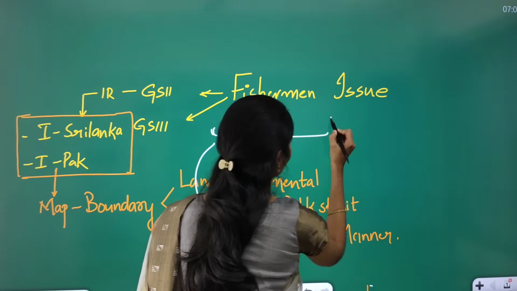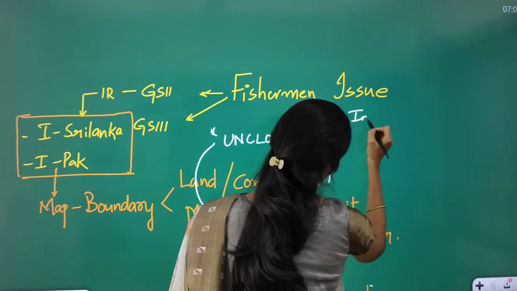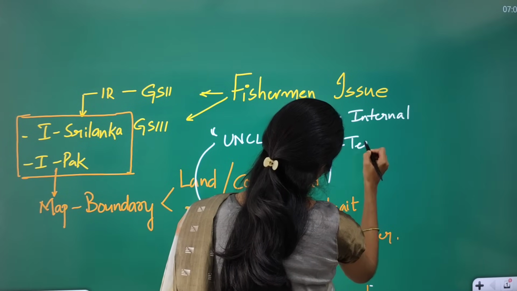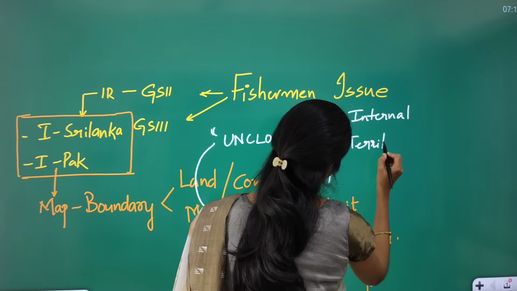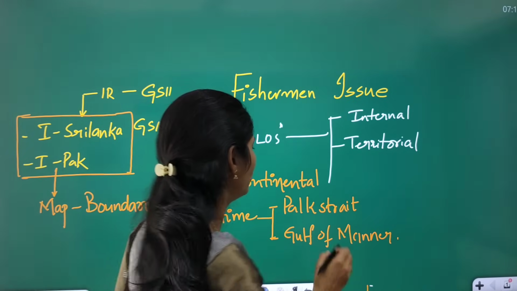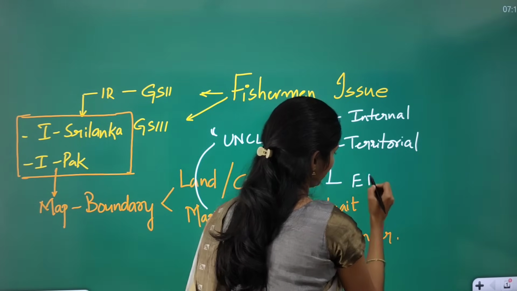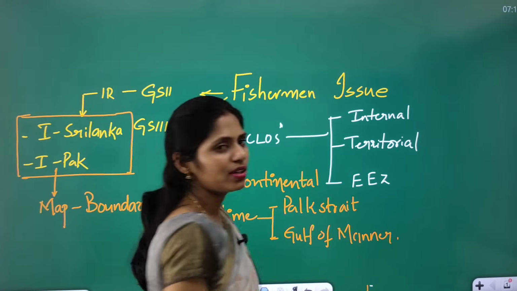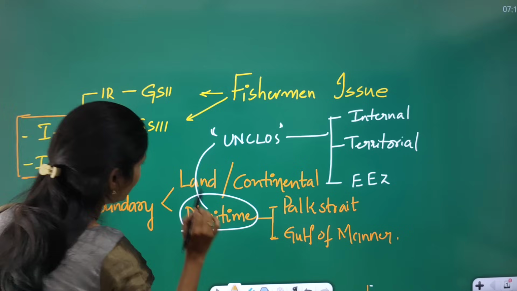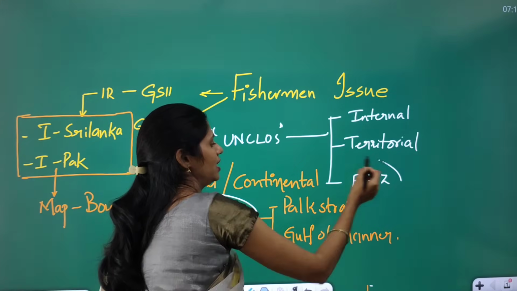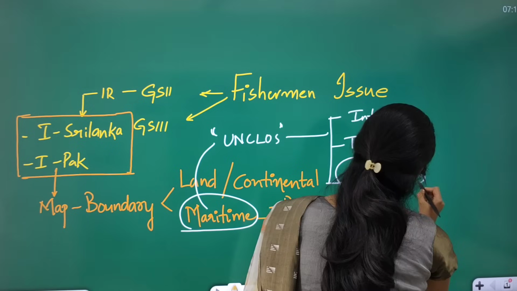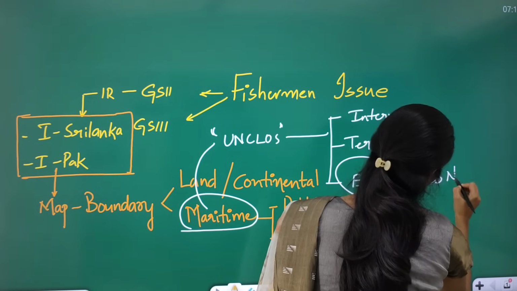According to that, it gives some concepts like internal water, territorial water, and it also talks about the EEZ, the exclusive economic zone. In this international maritime boundary, we have to focus on the EEZ, that is the exclusive economic zone. That means it extends up to 200 nautical miles.